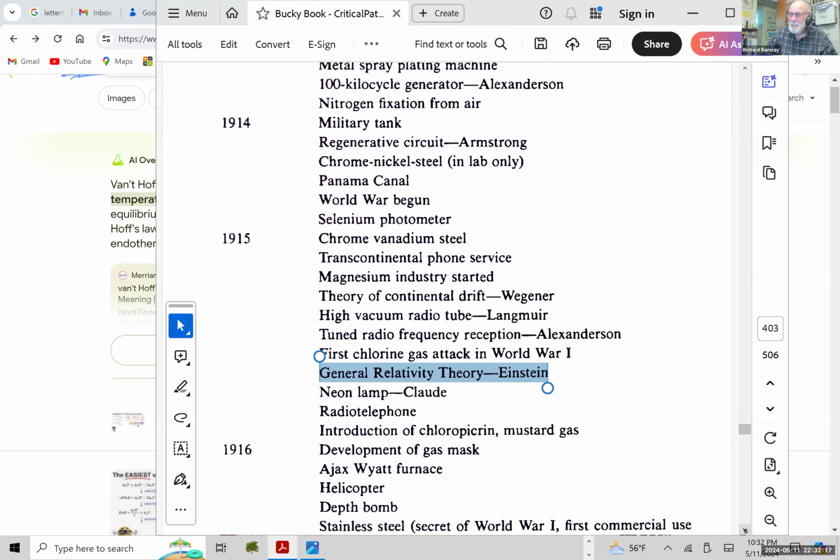Yeah, let me expand on that for a minute. General relativity is that time and space is relative to each individual observer. So to say that reality is just there is not consistent with general relativity, because the reality that's there is different to each individual observer based on their position in space and how fast they're moving.